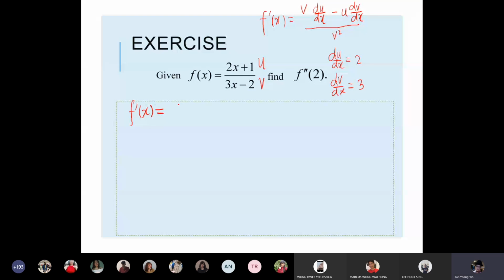Now we are going to start the differentiation. We combine everything and use the formula. First we take v, so I'm going to take 3x minus 2. After that, take du dx, so it is 2.